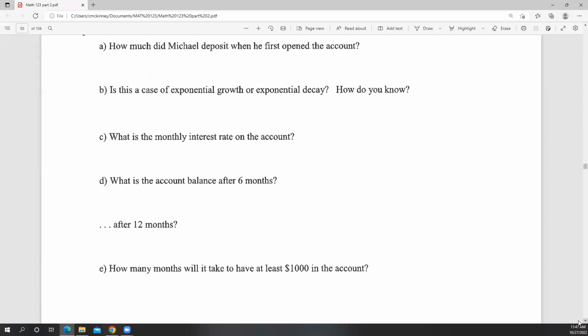So you can use your new over old, which would give you the growth factor, and then you would have to subtract 100% off of that. Or you could do the difference over the old.